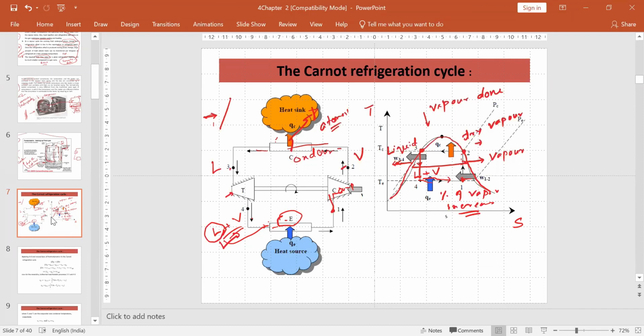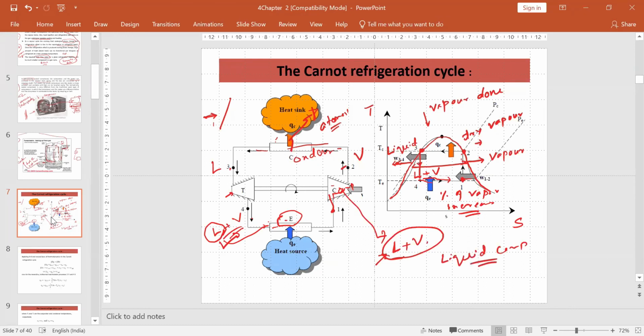In this case, you see, this is the entry point of the compressor. The compressor has to deal with a mixture of liquid plus vapor, because the liquid droplets may break the compressor blade. And the second point is that compressing a liquid is very difficult. Liquid compression is very difficult.